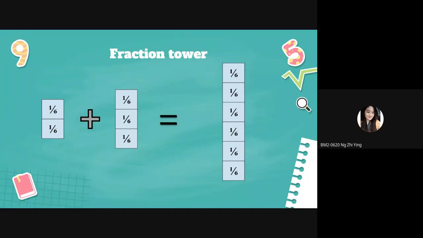For 2/6, we take 2 cubes of 1/6 and lock them together, and for 3/6, we take 3 cubes of 1/6 and lock them together. Since the cubes are the same size, we can combine them and lock them together, and we get 5 cubes of 1/6, which is 5/6. So that's all for fraction plus fraction.